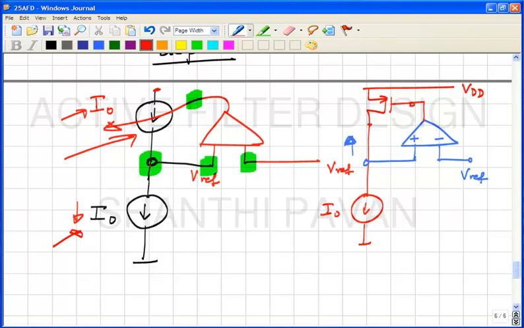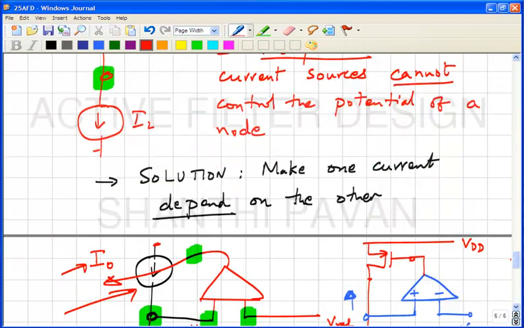Please note that this would not have been possible if the two current sources had been independent, because an infinitesimal difference between the two currents would have pushed the node voltage either to plus infinity or minus infinity in principle.